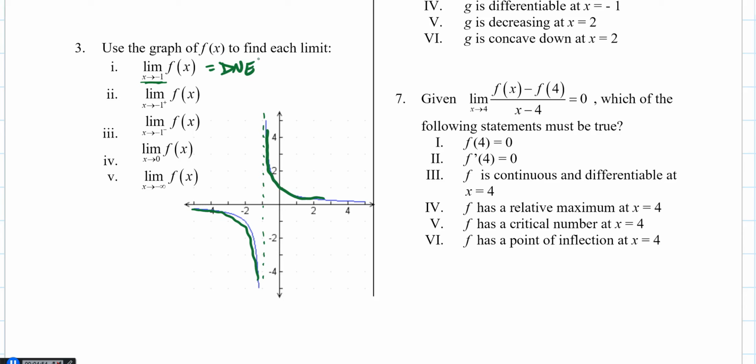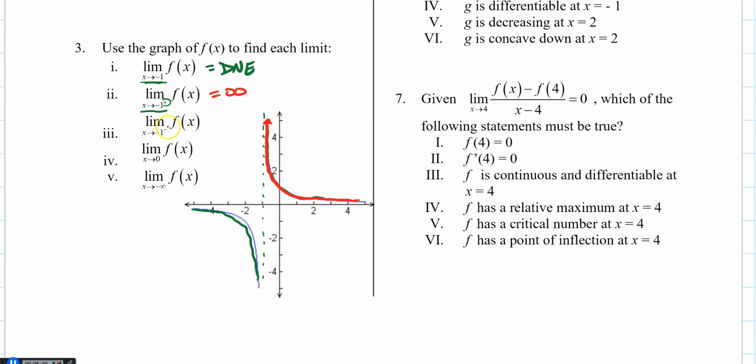For part 2, find the limit as x approaches -1 from the plus side. So that means the right side of -1. So we're going to move in starting as far right as we can go, and we're approaching that asymptote. And as we do that, we start going up. We increase to infinity, so the limit of our function is infinity at -1 from the right.